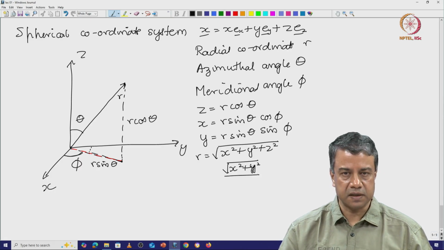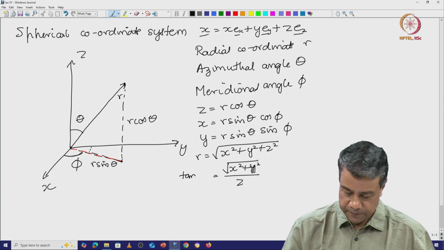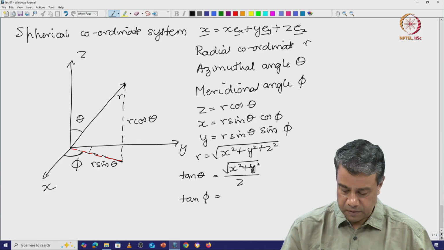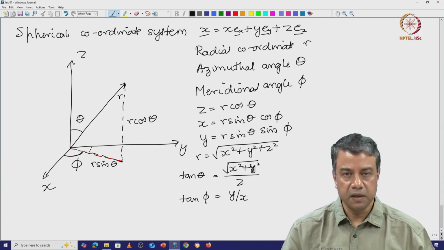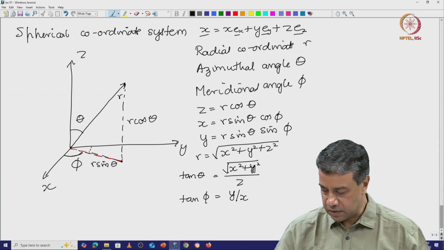The square root of that is r sin theta divided by z, which is equal to tan theta. And you can easily verify that tan phi is equal to y by x. So, these are the conversions between the spherical and the Cartesian coordinate system.